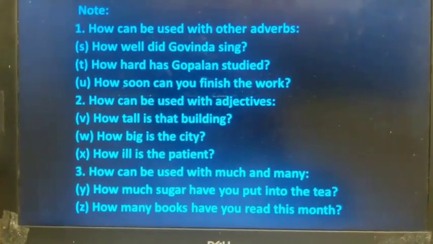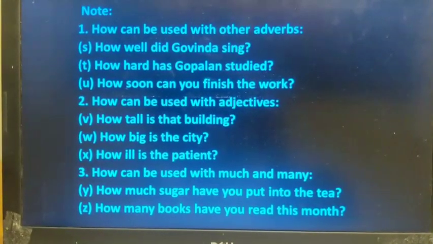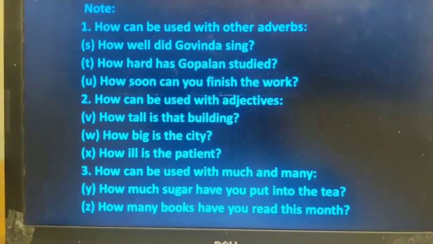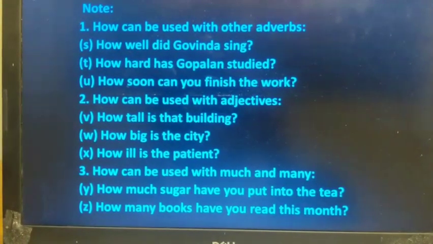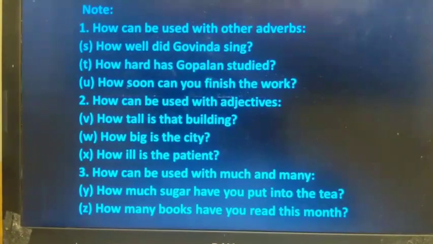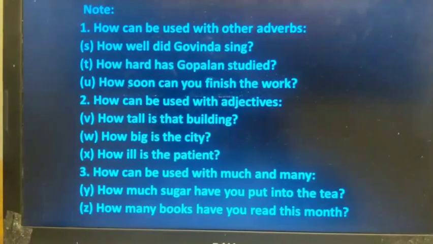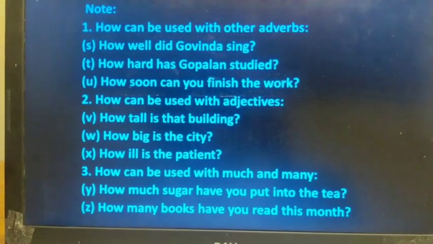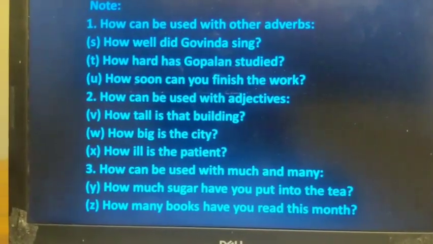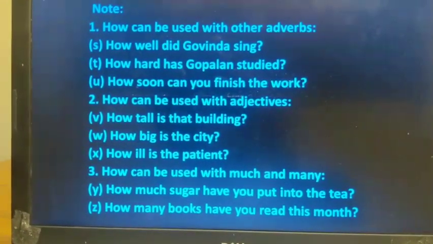Sometimes, students, how can be used with adjectives. How tall is that building, right? Tall, if you see, is a describing word. It is an adjective, right? So how is the interrogative adverb helping us frame a question to know how tall the building is. Next one: how big is the city?